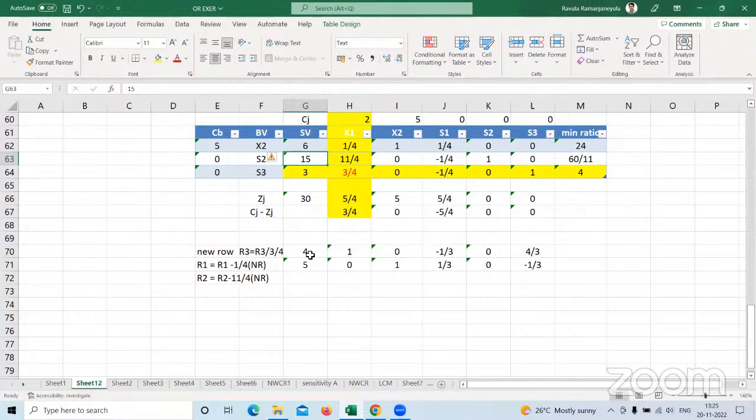So 4 gets cancelled. 15 minus 11 is nothing but 4. 11 by 4 into 1 is 0. 7 by 4 into 0 is 0.